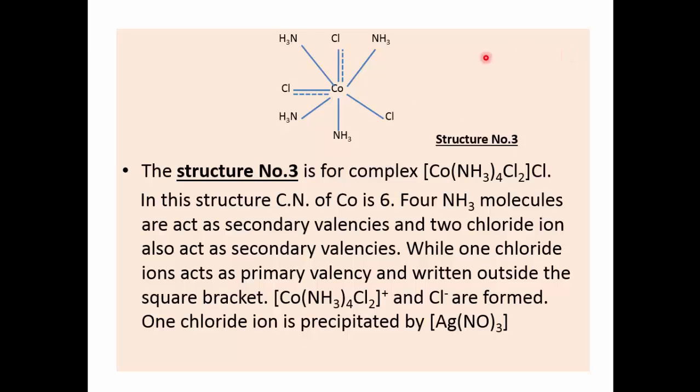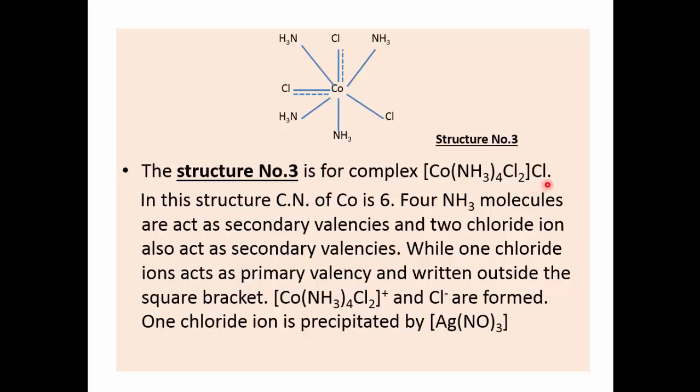The next structure of this compound is shown here in this figure. Cobalt is now attached to 4 ammonia molecules, and again 1 chloride ion has jumped inside this square bracket, and outside this square bracket now there is only 1 chloride ion.